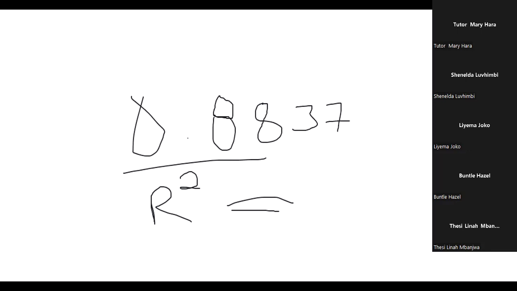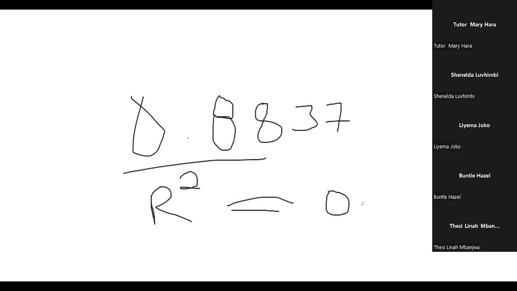Anyone? What will be our coefficient of determination? Yes, it's just the square. All right, correct. It will be the square of that.